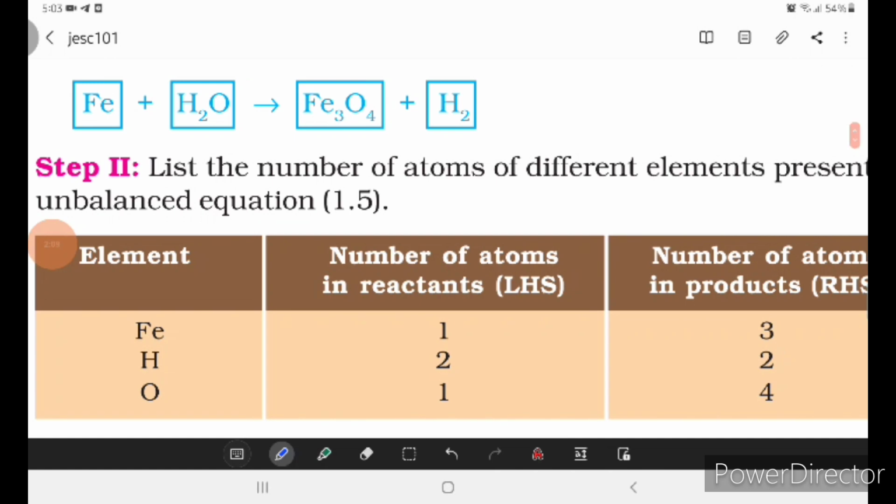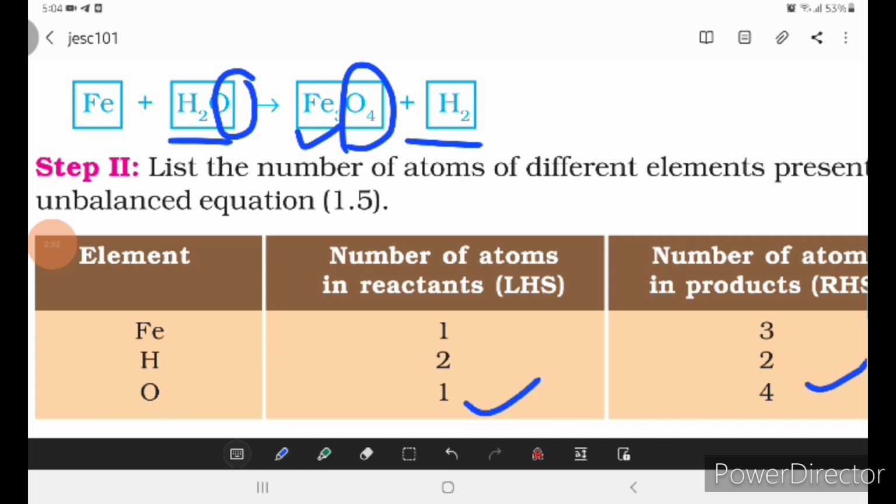On the right hand side, we have 3 iron, and on the left hand side it is 1. Hydrogen: on the right hand side we have 2, and on the left hand side also 2. Oxygen: on the right hand side we have 4, and on the left hand side we have only 1.